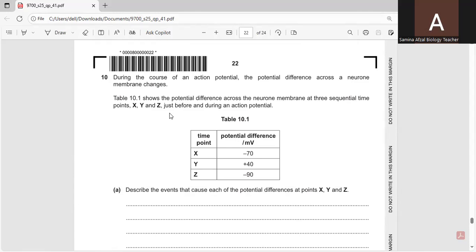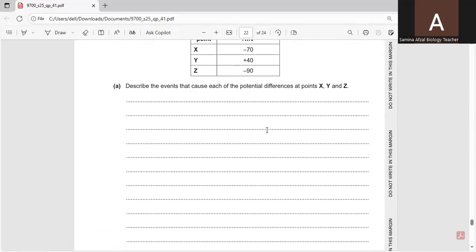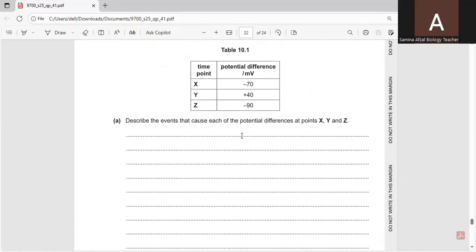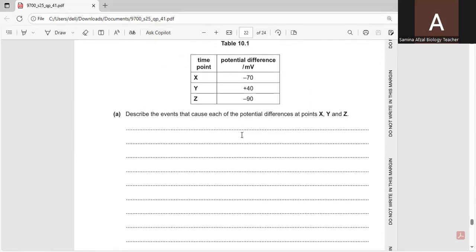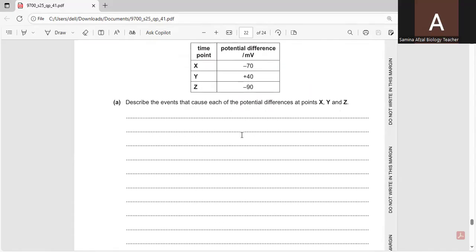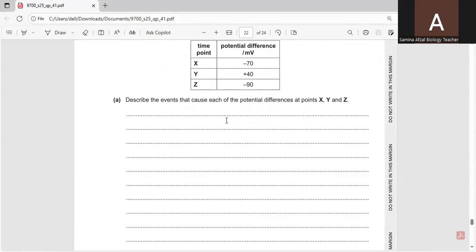At X, the potential difference is minus 70, at Y it is plus 40, and at Z it is minus 90. Describe the events that cause each of the potential differences at these points X, Y, and Z.